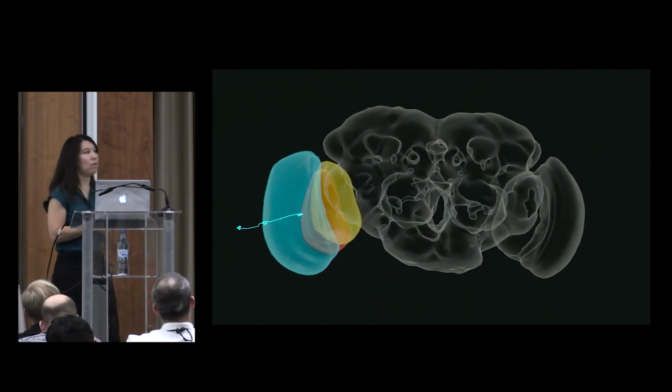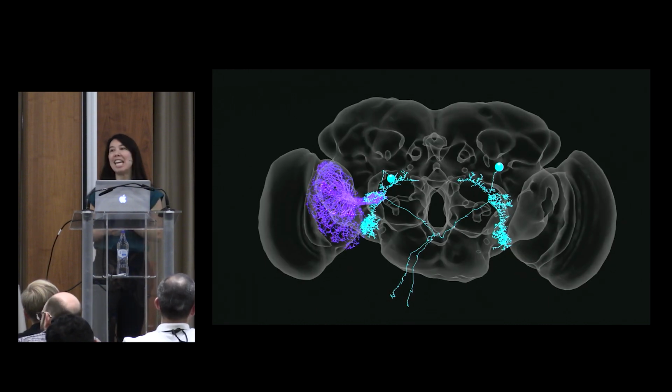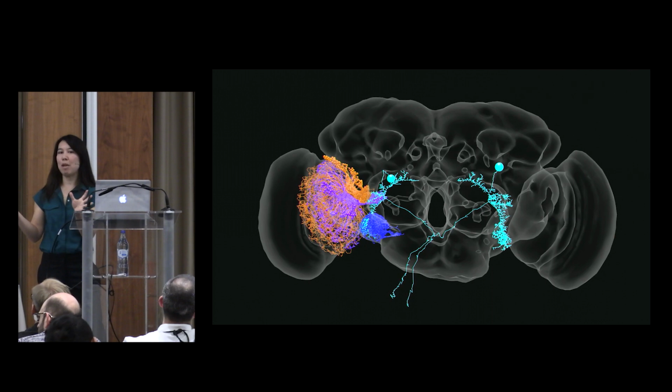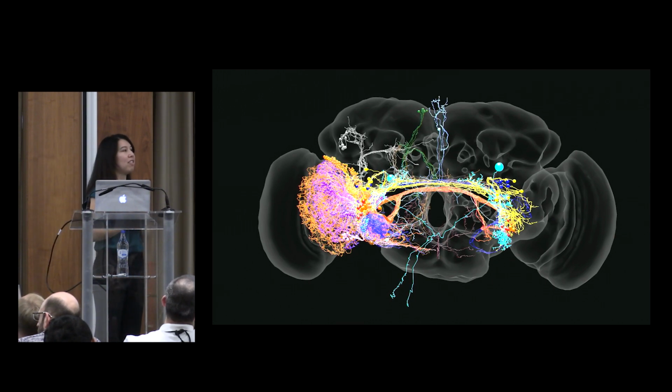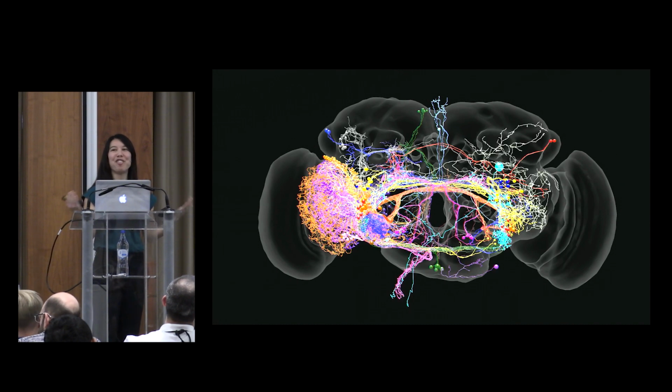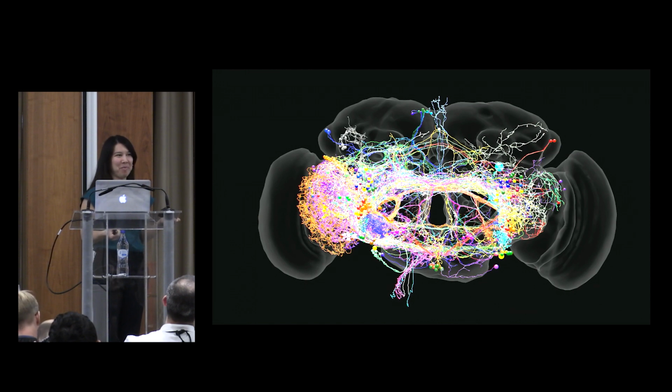But lest we feel too self-satisfied, let me show you what we also learned from the EM data, which is that in addition to these two cell types, LC4 and LPLC2, which input to the giant fiber and are the only direct visual inputs, there are actually 550 other neurons that directly synapse onto the giant fiber.